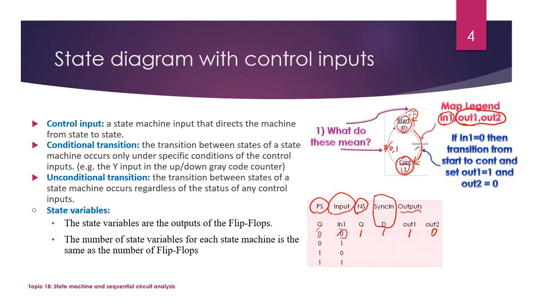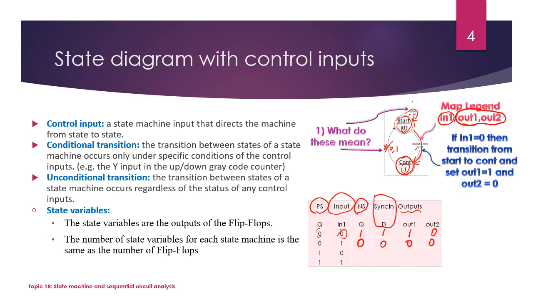If you don't remember this, go back to our last lecture and find out. Okay, if the current state is 0 but the input is 1, check what will happen. It will stay there, which means next state equals present state. And so D should also equal 0, and the output is 0, 0.